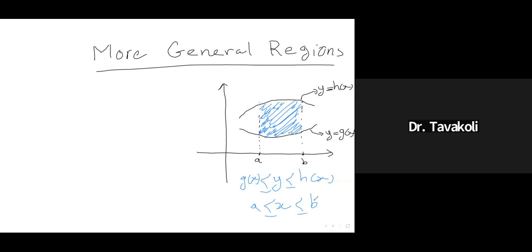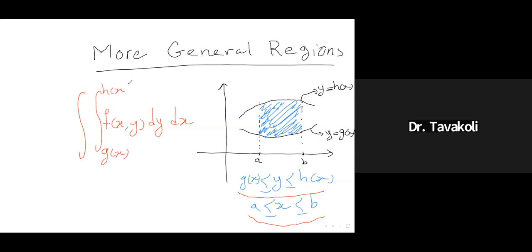So the function that we have again is f of x and y, and I integrate over this region. In this setting, y is between two functions of x and x between two constants. Make sure that the interior integral is dy, the exterior is dx. So y runs from g of x to h of x, and x, the exterior integral, runs from a to b.